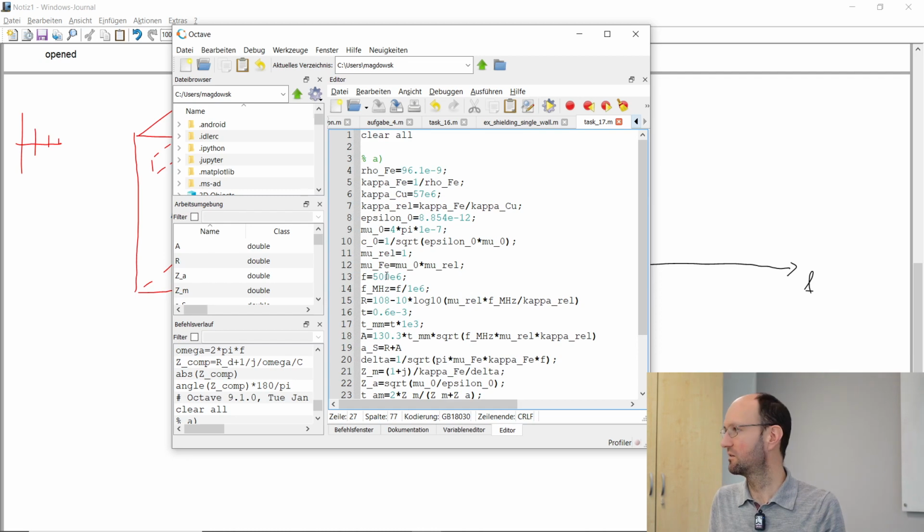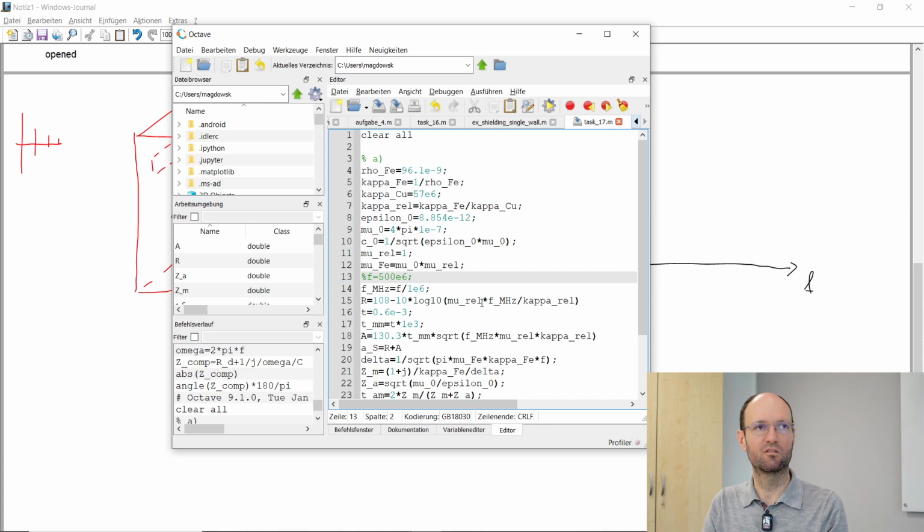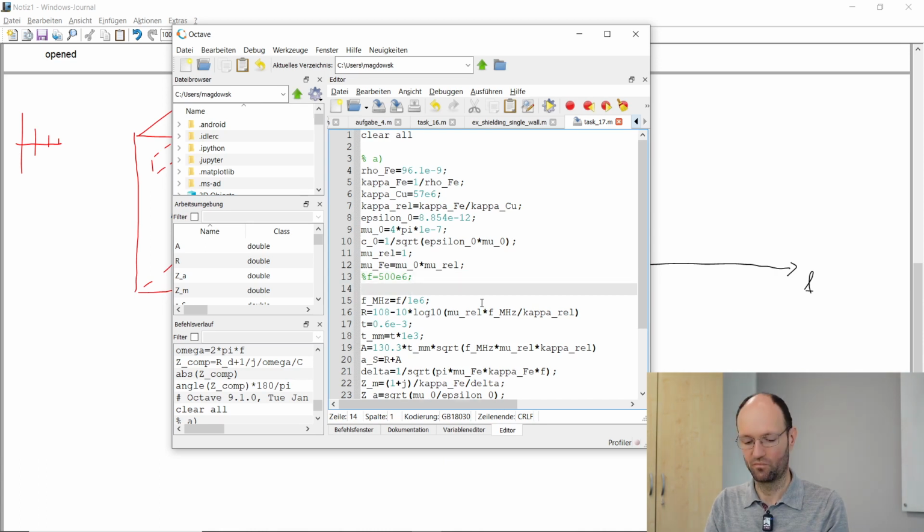Now we have just calculated this for a single frequency, but we could extend this and do it for a frequency range. For our computer case, what might be interesting is to do it linearly spaced, or we could maybe also do it logarithmically spaced, from maybe 100 kilohertz, or we could even go down to 10 kilohertz. So let's say from 10 kilohertz to, what would you suggest as an upper frequency?